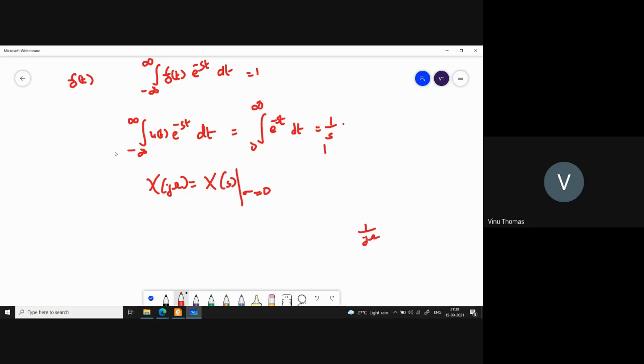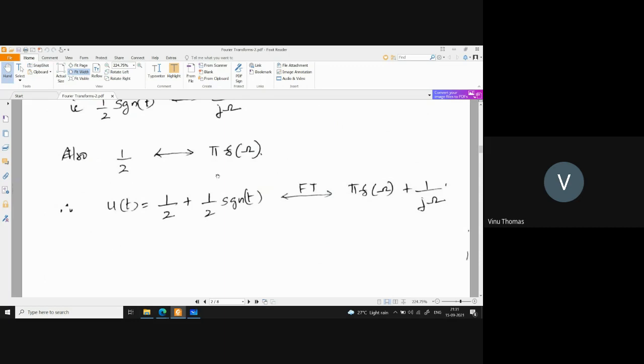But you know that the Fourier transform of the unit step is not equal to 1 by j omega. Instead, you have this additional term: pi delta omega plus 1 by j omega. So this is the additional term. The property that the Laplace transform evaluated over the j omega axis will give you the Fourier transform is not satisfied for this unit step function. So this is a peculiar function. This you have to remember.